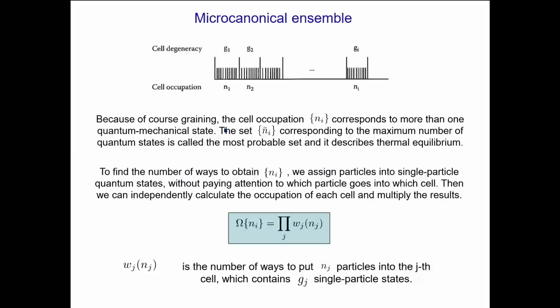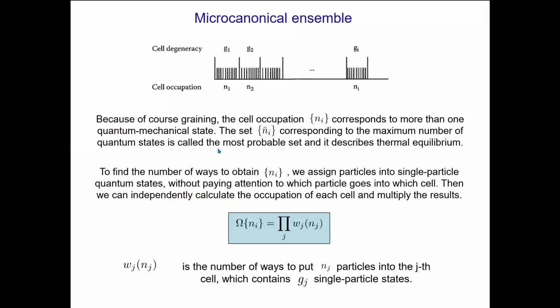So let's go on. Because of coarse graining, the cell occupation numbers N_i will in general correspond to more than one quantum mechanical state. And as before, we want to find the set N_i bar, which corresponds to the maximum number of quantum states.